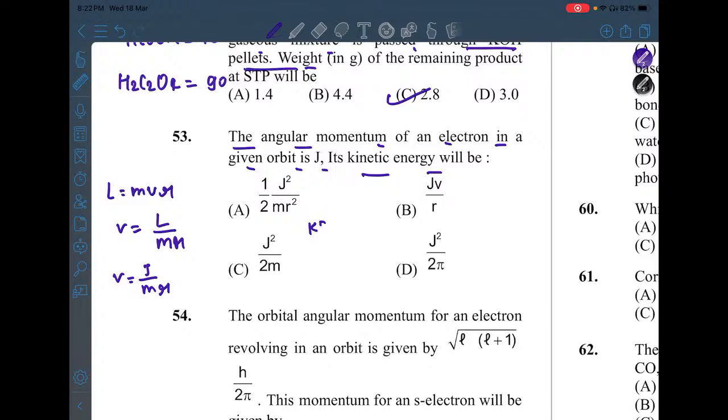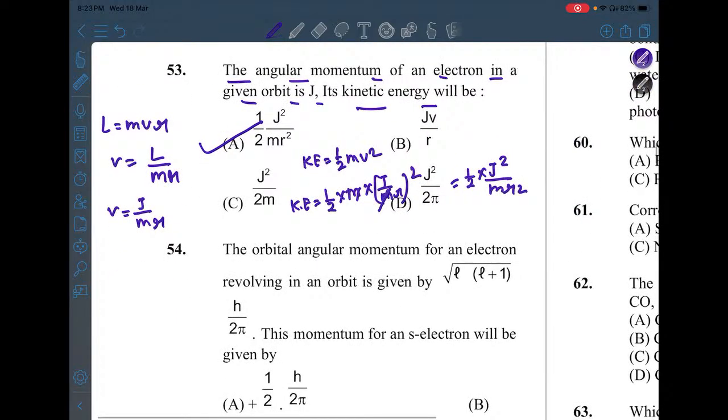Now, kinetic energy is equal to half mv squared. Substituting v equals J by mr, the kinetic energy equals half into m into (J by mr) squared. So we get half J squared upon m r squared, with one m cancelling. So half J squared over m r squared is the correct option.